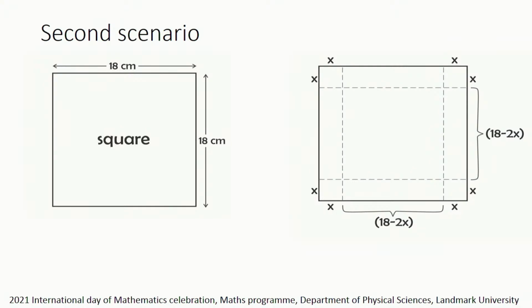We have removed x from this side. This pointer is not giving me the light. I remove x from below, and then I remove x from here also. Probably I should use this so that it will be clearer.